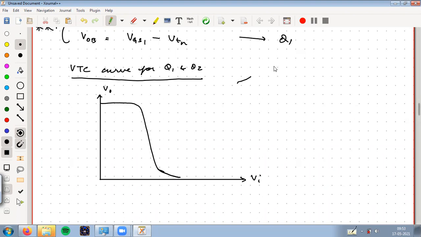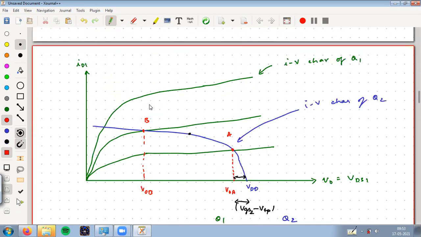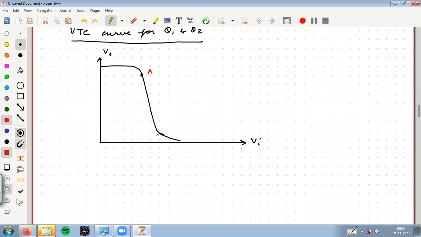The point A which we marked on the above curve will be here, and this will be point B. The coordinates will be VOA and VIA, and similarly VIB and VOB.